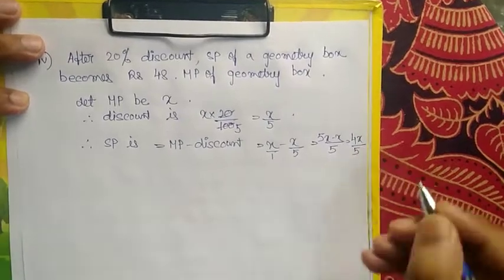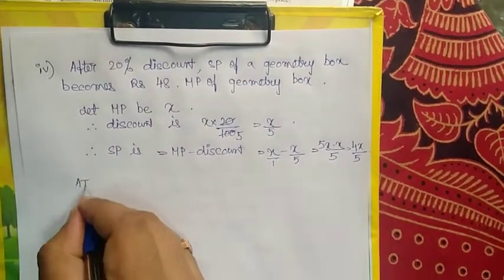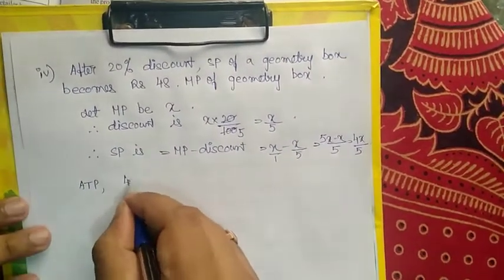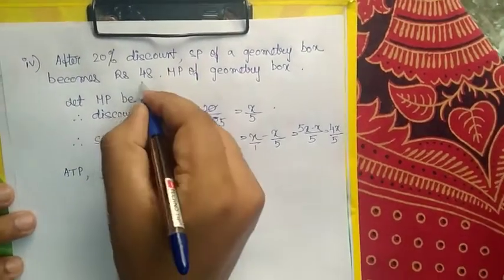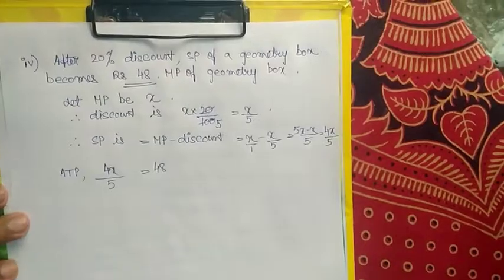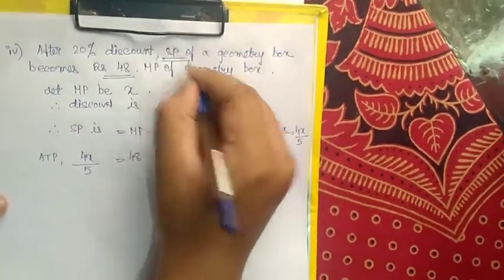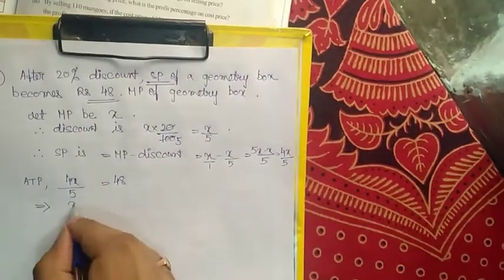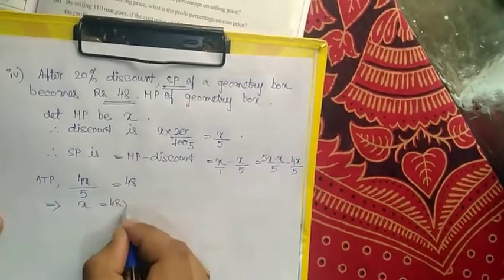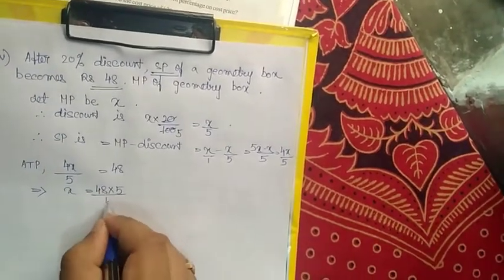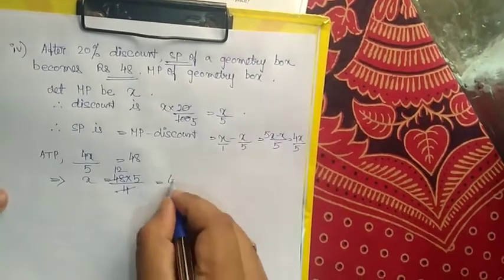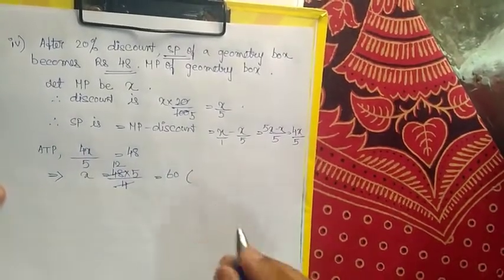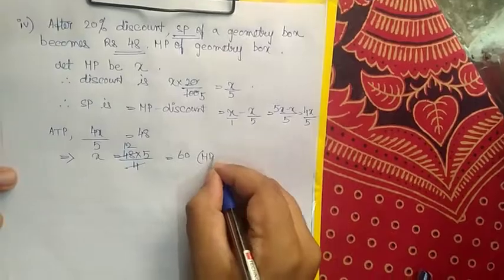So according to the problem, 4x by 5 is equal to 48, the SP of the geometry box. So therefore x equals 48 into 5 by 4. Dividing by 4 we get 12, and 12 into 5 is 60. So the market price of the geometry box is 60.